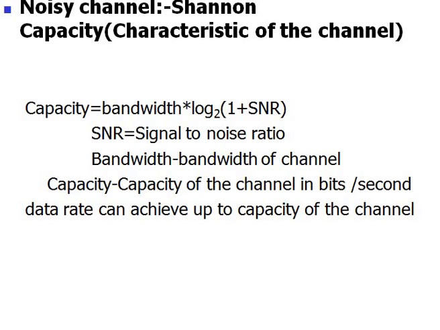It is also known as Shannon capacity, which identifies the characteristics of the channel, and gives the formula: capacity is equal to bandwidth into log 2 of 1 plus SNR. SNR is nothing but signal to noise ratio. Bandwidth is the bandwidth of the channel, and capacity is the capacity of the channel in bits per second. The data rate can achieve up to the capacity of the channel, not above that.